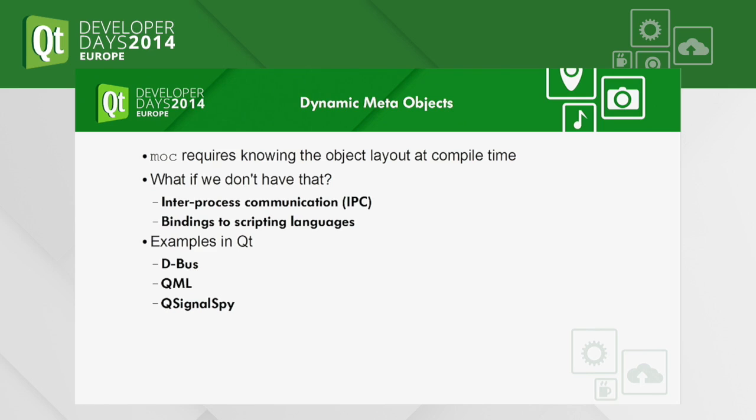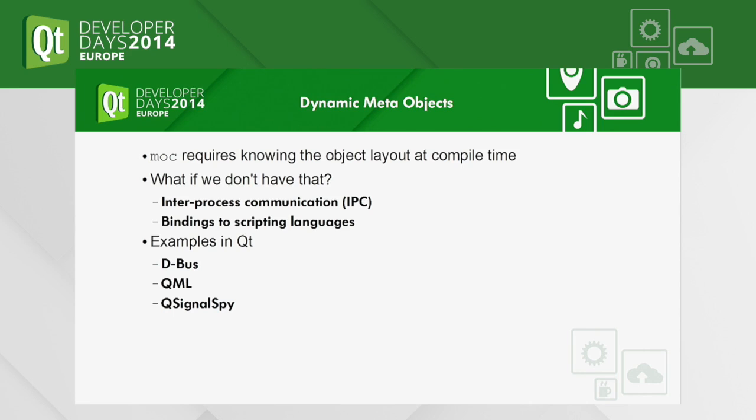And this is not just theoretical examples. We find several use cases for that in Qt alone already. We have D-Bus for inter-process communication, which makes heavy use of the stuff we are going to see. The Qt Remote Objects system that Björn showed in his lightning talk yesterday, actually a new module in Qt, has exactly the same requirements and needs.